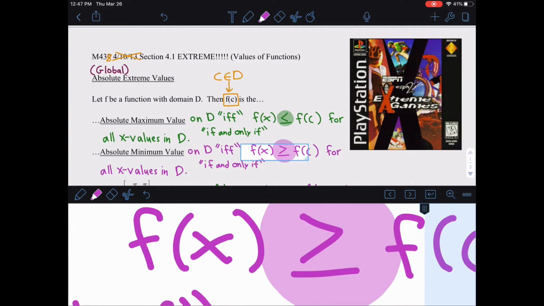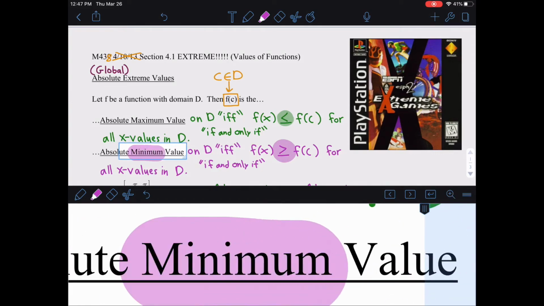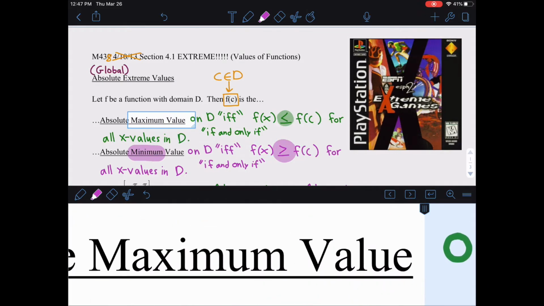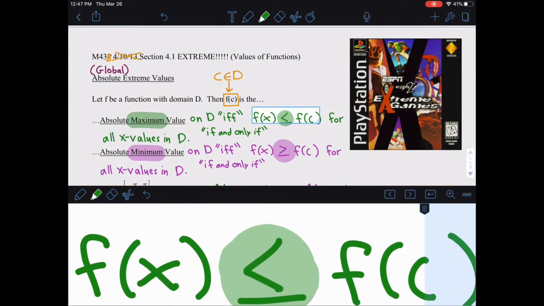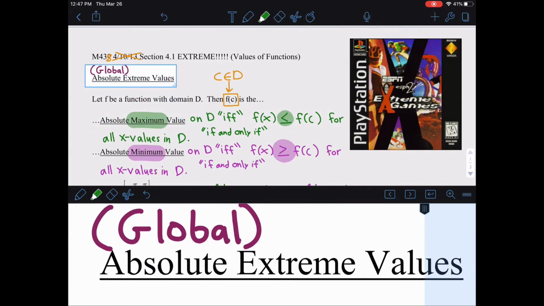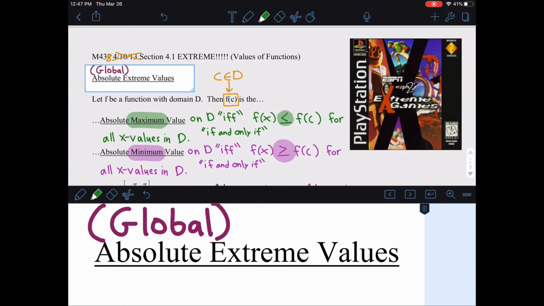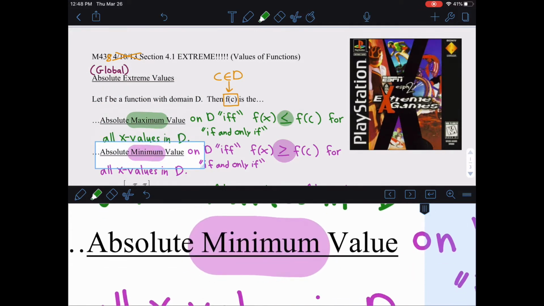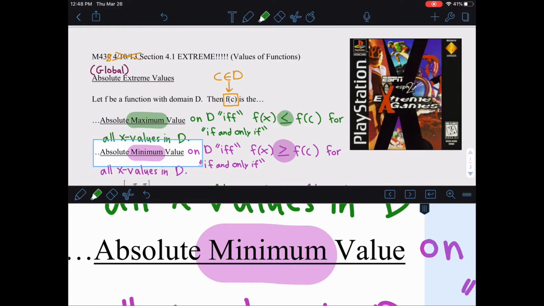So f of c is the minimum value if all of the other outputs are greater than or equal to it. f of c is a maximum value if all of the other outputs are less than or equal to it. Both of these fall within the category of absolute extreme values. This is the absolute biggest output the function can give us, the absolute max, or the absolute min is the smallest output that we can get from this function.